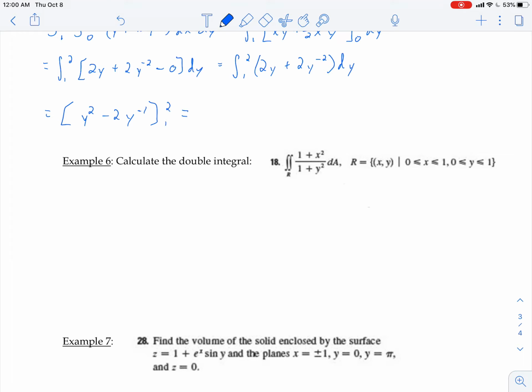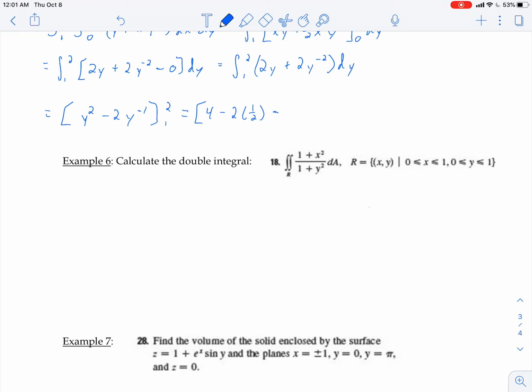And so we have y squared minus 2y to the negative 1. Plug in 2 for y, and we're going to get 2 squared, which is 4, minus 2 times 1 over 2. I'll write it this way, 2 times 1/2. It's going to give you 1, but I just wanted to show you how you get 1 in case you didn't see it.